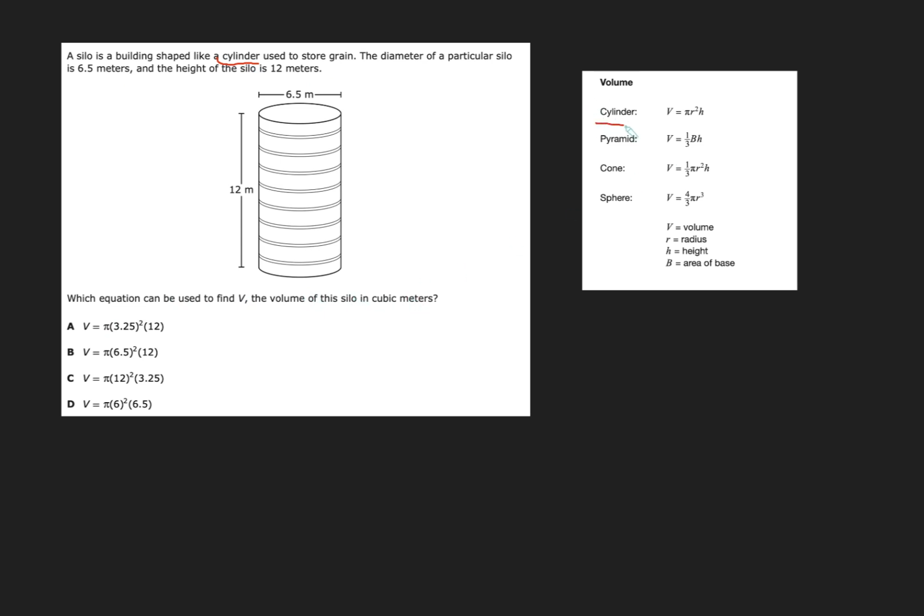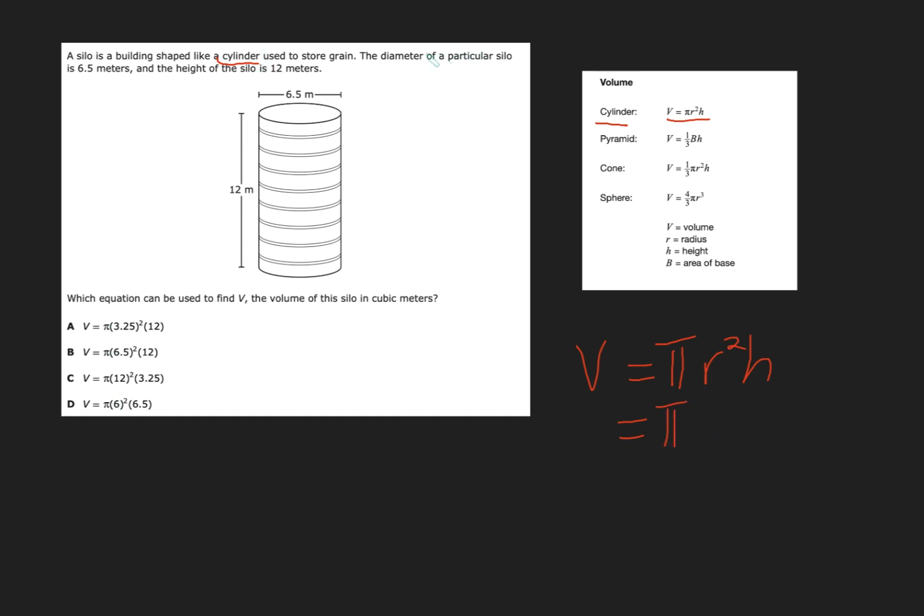So again, cylinder, and here's the associated formula. V equals pi r squared times your height. Notice in the answer choices, they did not change pi to a numerical value. So we're going to keep pi as it is.